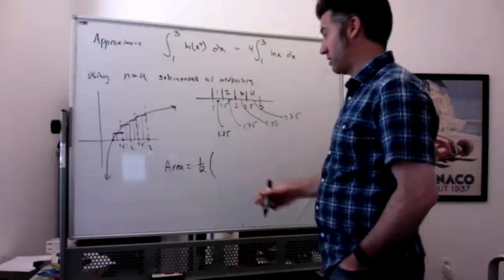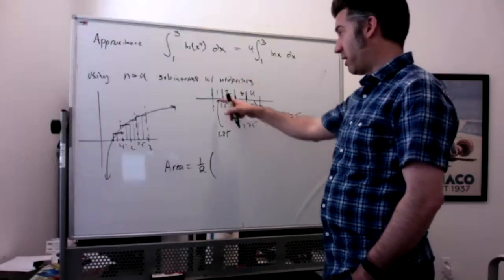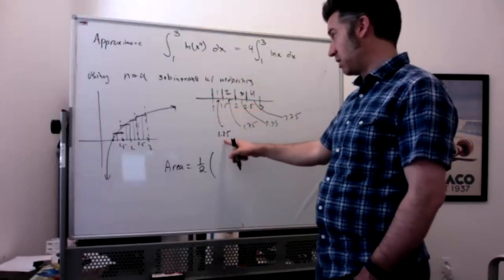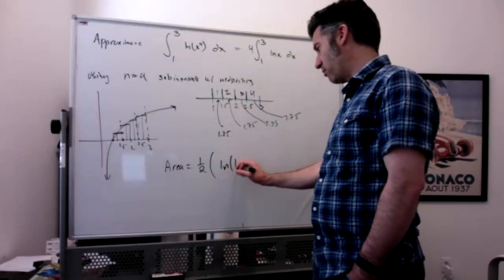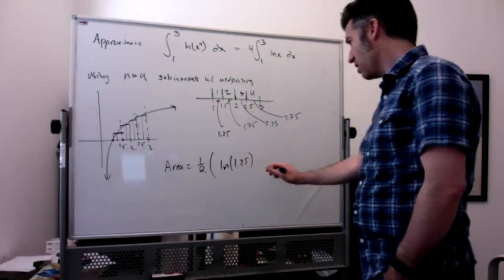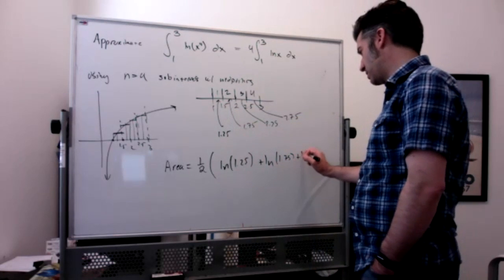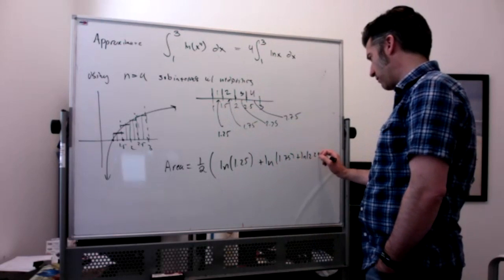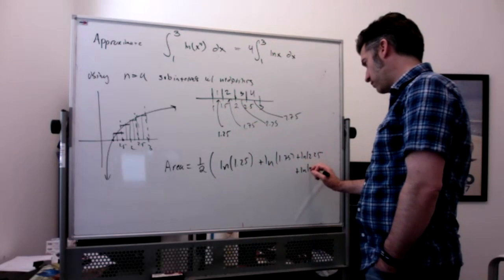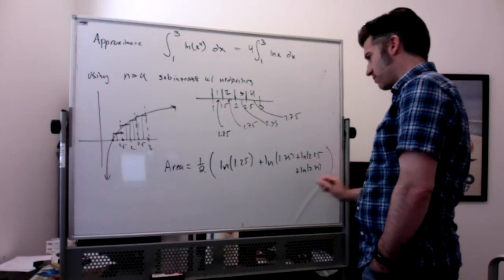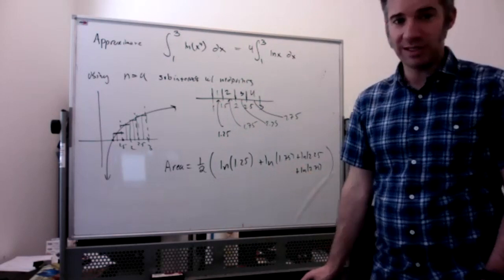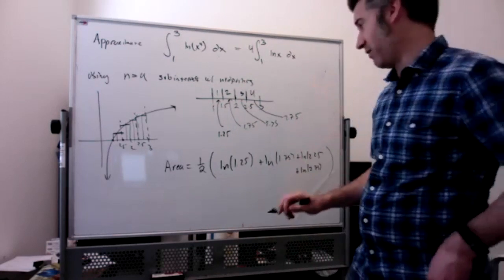The height of each of those rectangles is going to be the height at the midpoint. So it's going to be the natural log of 1.25 plus the natural log of 1.75 plus the natural log of 2.25 plus the natural log of 2.75, which I suppose you could simplify, but it's not going to be very nice.